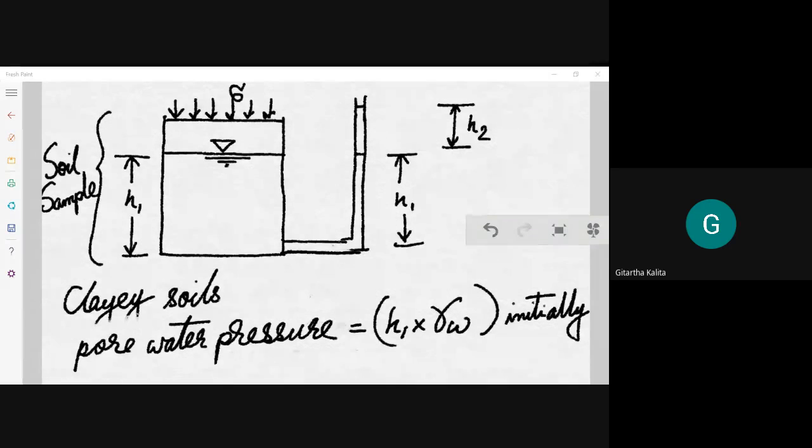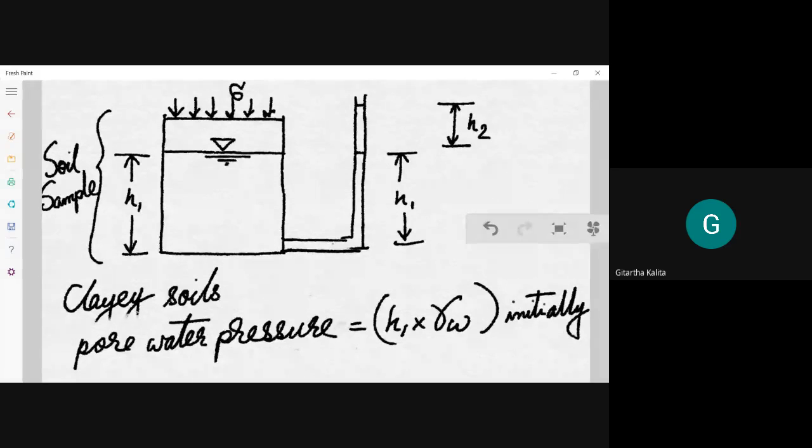That is the water pressure, the pressure related to water. But now, when you apply this sigma value, it may be assumed that it is higher than this H1 into unit weight of water.